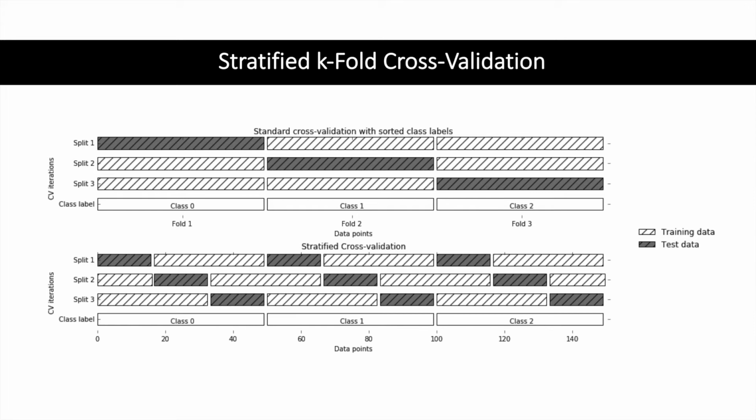For example, if 90% of your samples belong to class A and 10% of your samples belong to class B, then a stratified cross-validation ensures that in each fold, 90% of the samples will belong to class A and 10% of the samples will belong to class B. And it is usually a good idea to use a stratified k-fold cross-validation instead of k-fold cross-validation to evaluate a classifier, because it results in more reliable estimates of generalization performance.